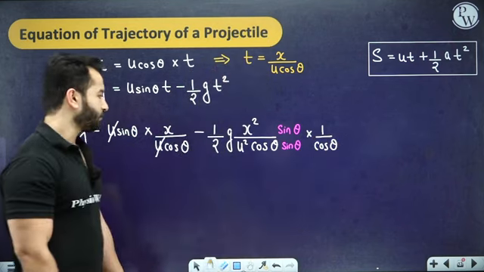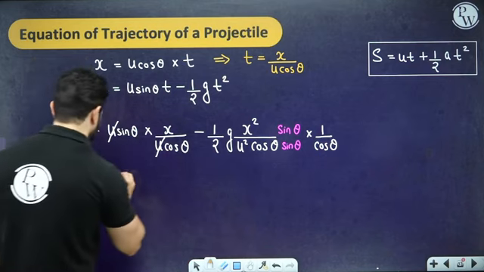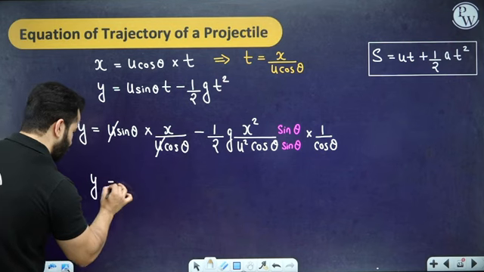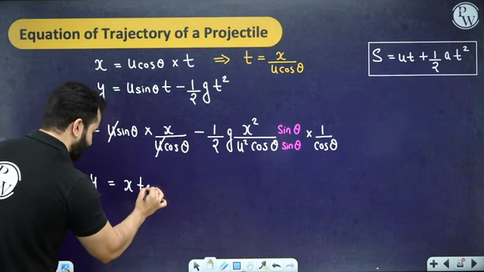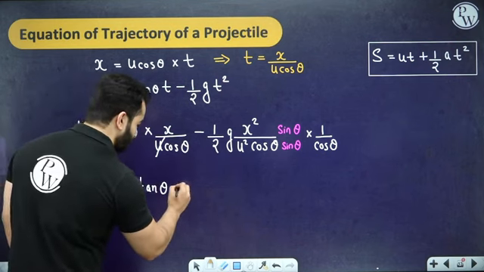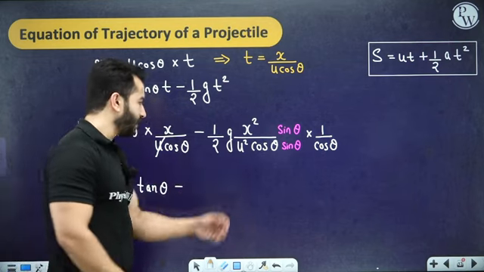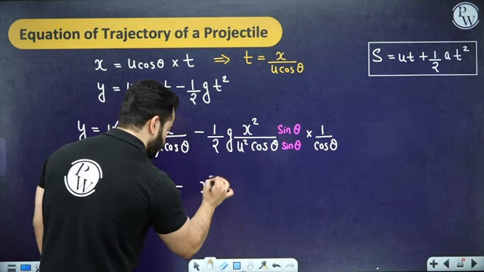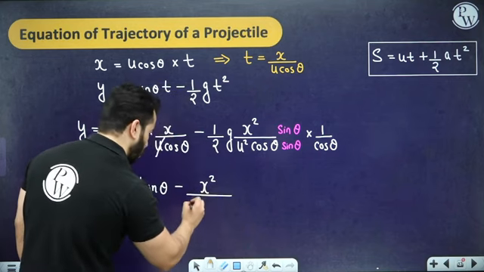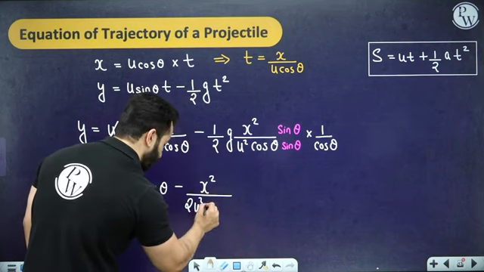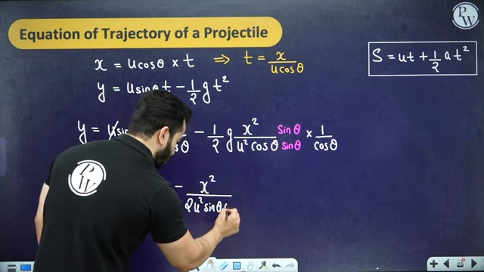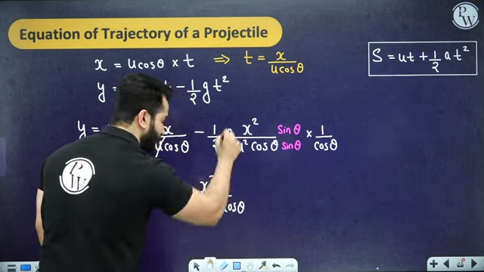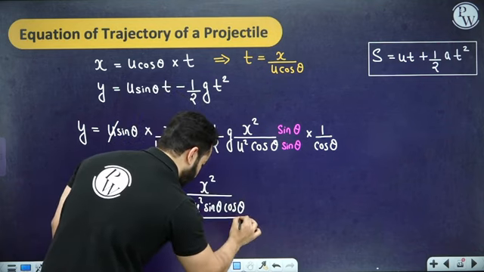Now please see, again this thing can be written as y equals x tan theta minus, this g can be written in the denominator obviously, so this thing can be written as 2 u square sin theta cos theta. That g which was in the numerator, I can rewrite that thing over here.